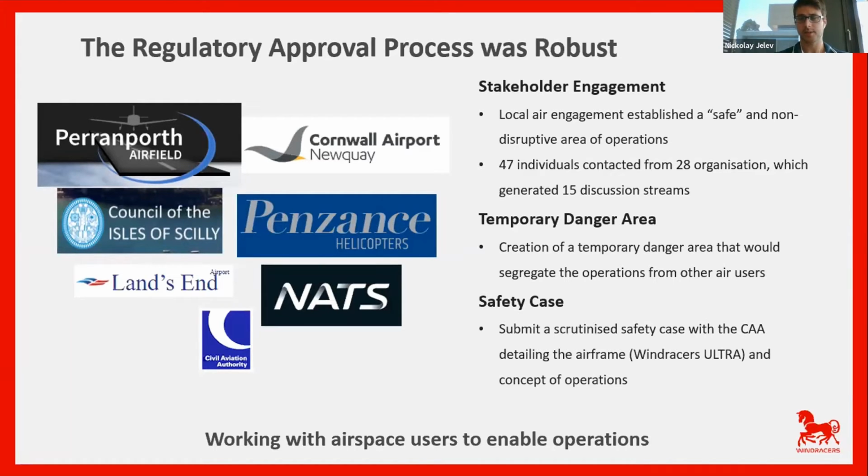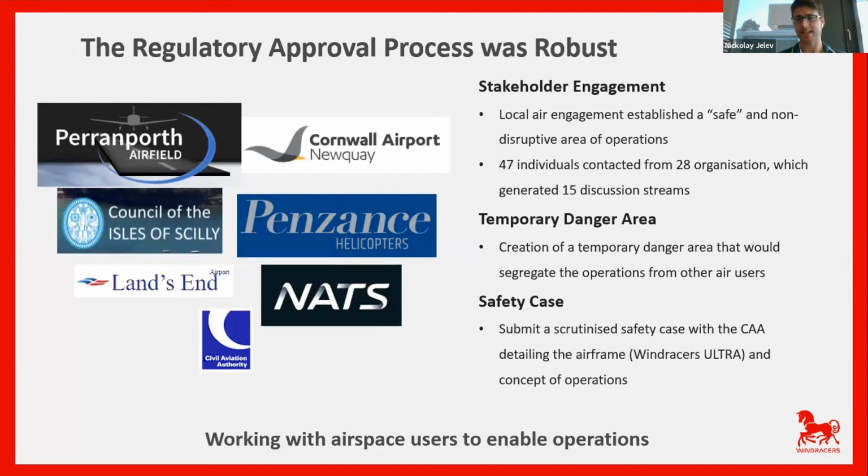And then largely in the UK, most organizations, including our own, to be able to do beyond visual line of sight flying, you have to set up something called a temporary danger area, which many of you will know is effectively a block of airspace that segregates you from other air users. And the design of the temporary danger area isn't necessarily driven by what you or we wanted. It's mostly driven by the stakeholders that you're going to impact by your operation.